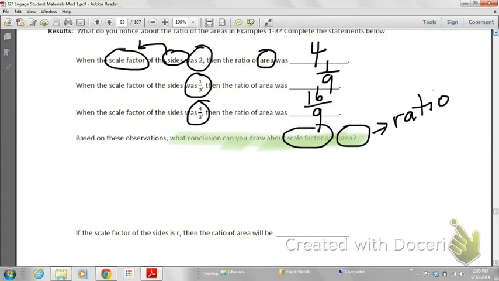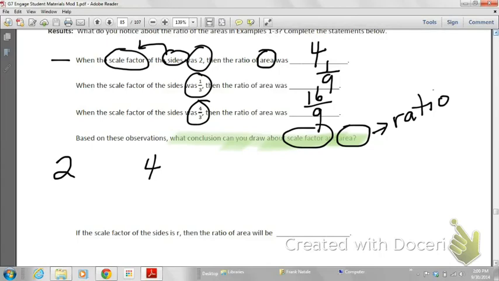The truth of the matter is, when you look at scale factor, for example, let's take 2 in this one right here, and then you have the 4 as the ratio of the area, we can compare those. Some of you might have said multiplied by 2.